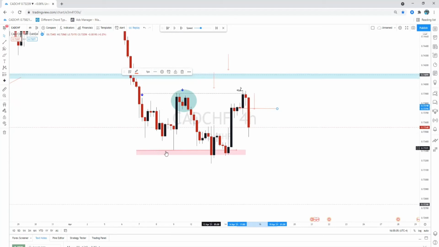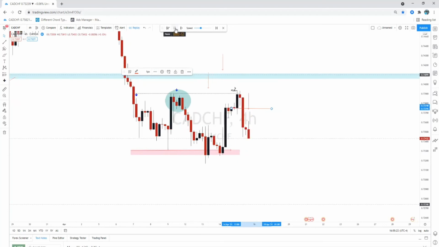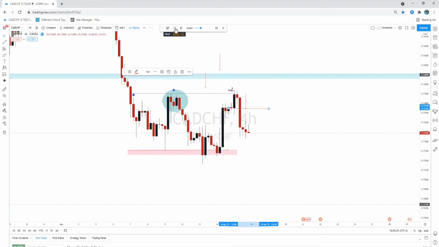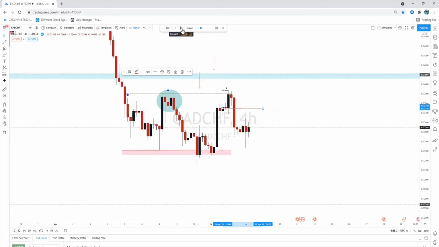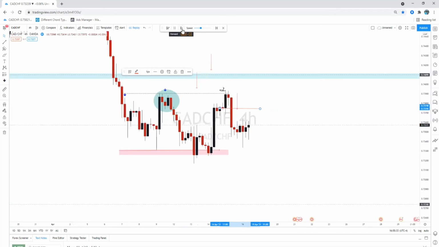Obviously, because it was approaching support, this was sort of a late entry, so we also had to wait for a breakout from this level. But that's the confirmation that we're looking for. Obviously, I'll look for other better examples, but I wanted to demonstrate discounted levels on this pair specifically.